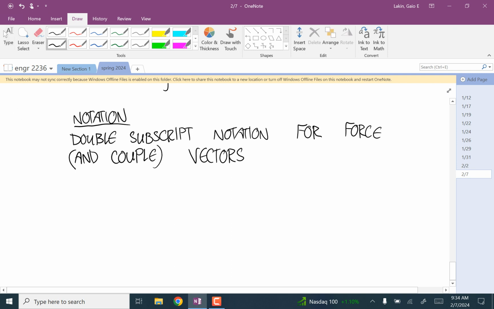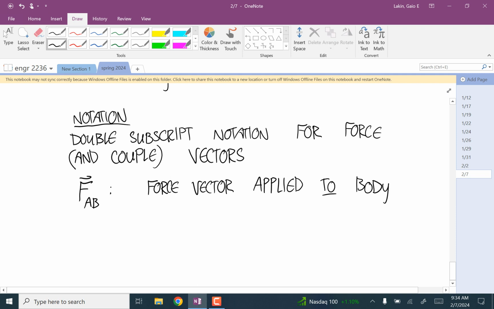In this notation, a force vector is always going to have two subscripts. So let's say this is force AB. And this means the force vector applied to body A by body B.